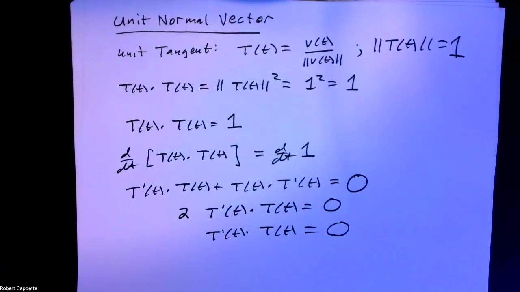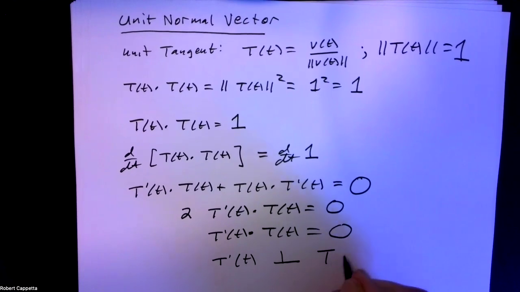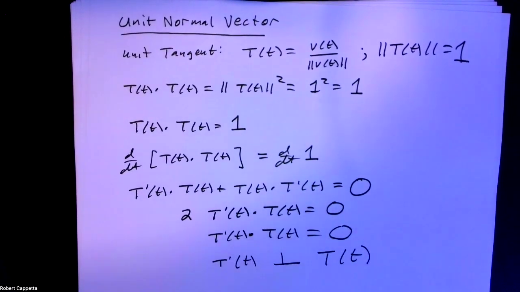But if I have two vectors and the dot product is 0, what can we conclude? We conclude that those two vectors are orthogonal. So T prime of t is perpendicular to T of t. And this is going to help us define the unit normal vector.